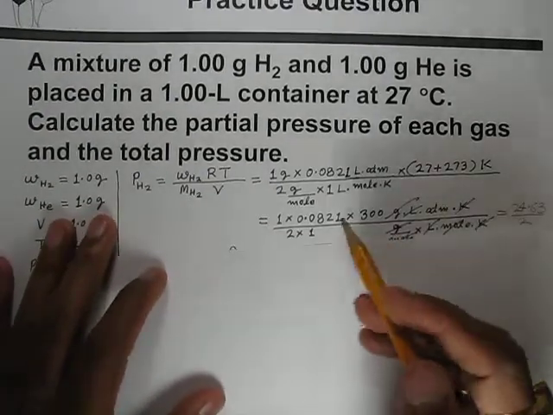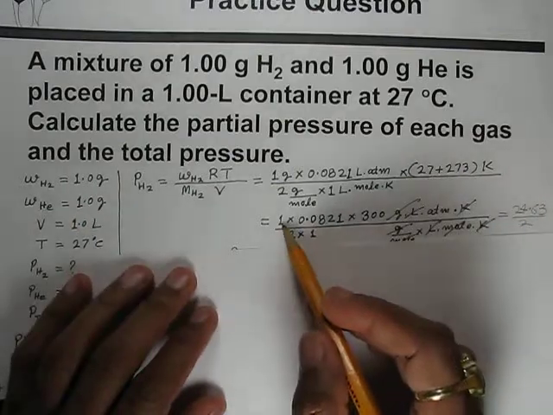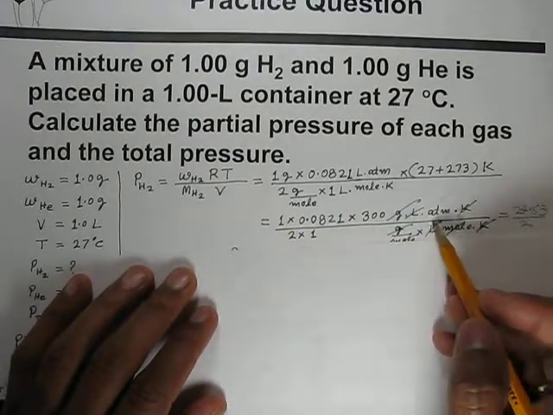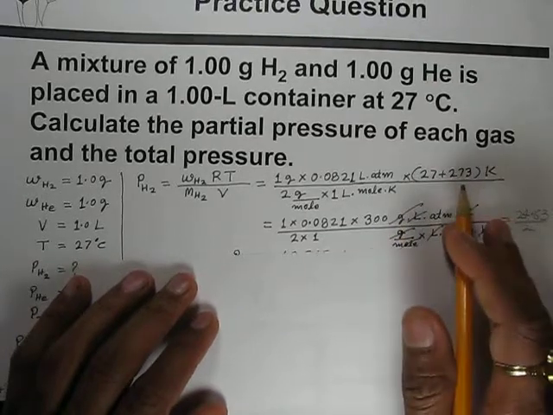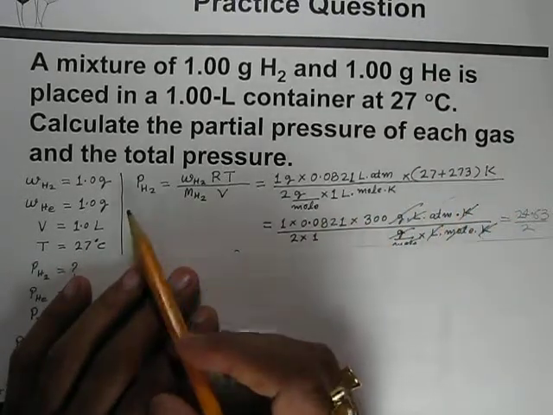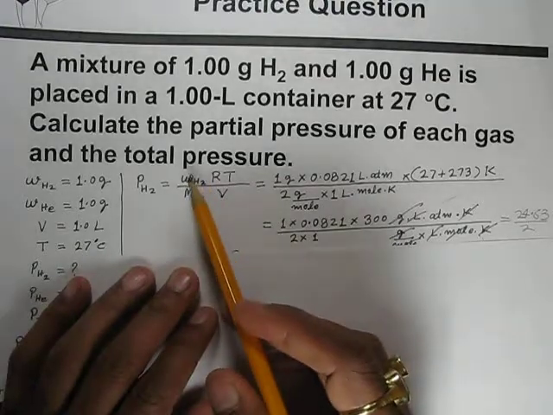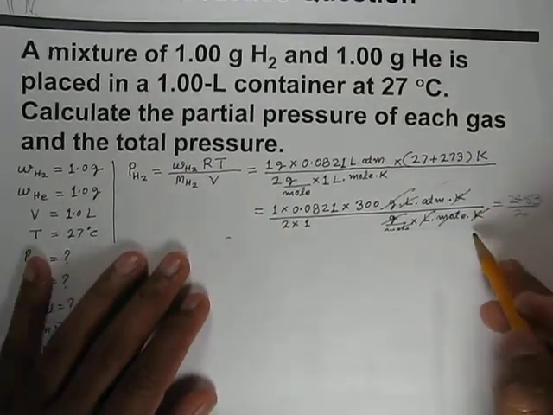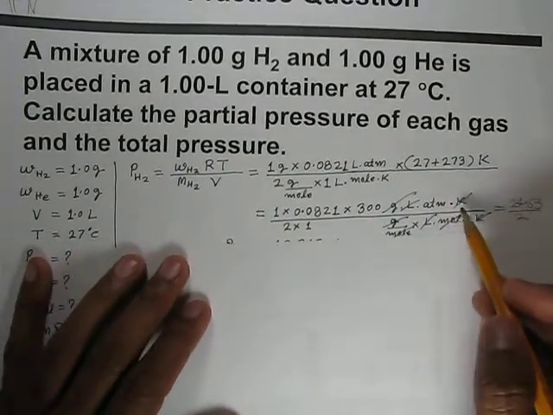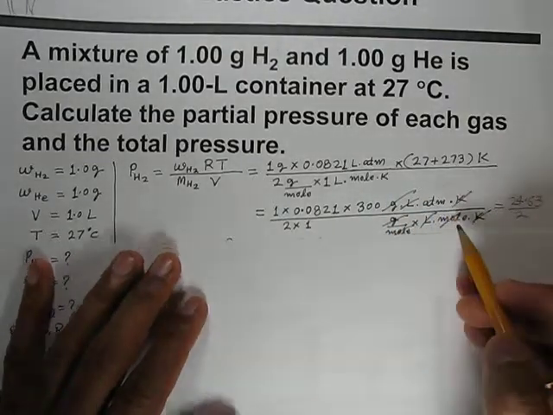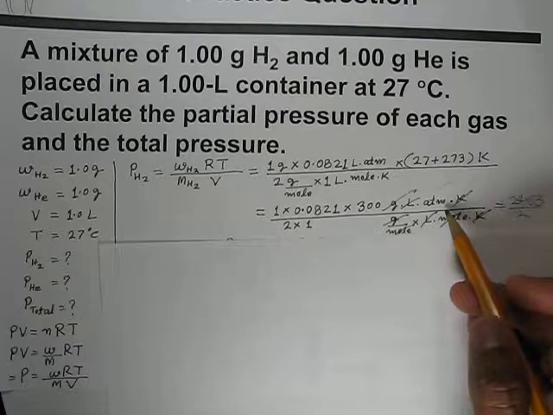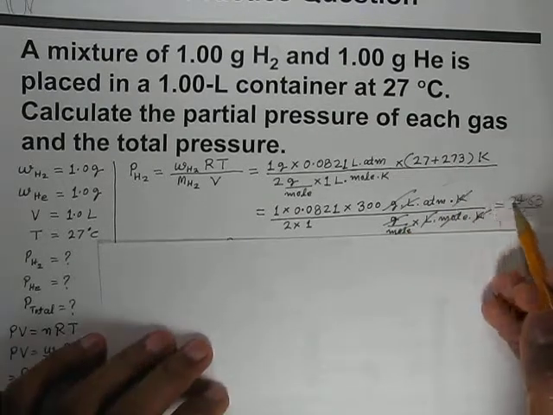Now it's easy. We can replace all these numbers, write the units, and cancel out all the common units. Since we need the partial pressure, pressure will come in atmosphere, so atmosphere remains as the unit and the other units cancel out.